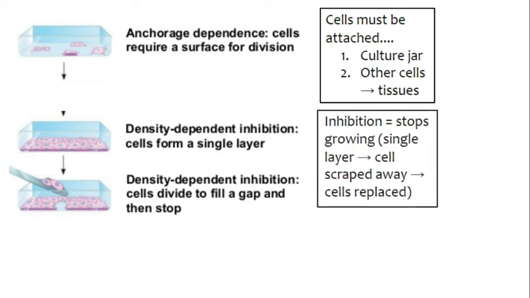So inhibition stops the cells from reproducing and making too many. If it gets scraped away, the cells are replaced. But it never goes beyond that single layer because cells can sense there may not be enough nutrients, so there's no reason to continue to divide. This could kind of represent an injury, if you will. We replace those cells, everything's good to go.